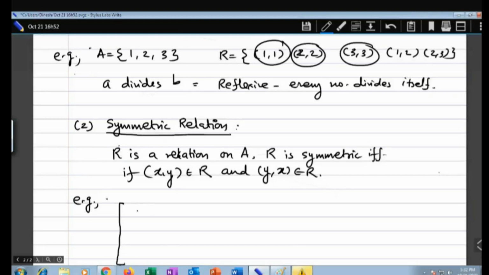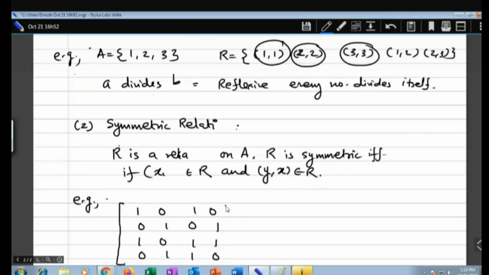Let's say the rows are 1 0 1 0, 0 1 0 1, 1 0 1 1, and 0 1 1 0.